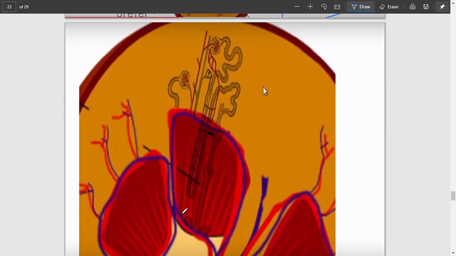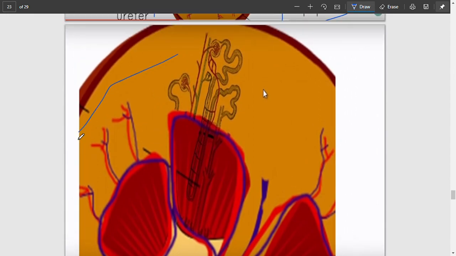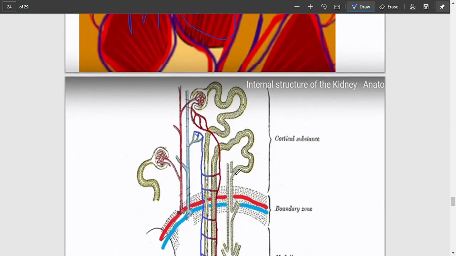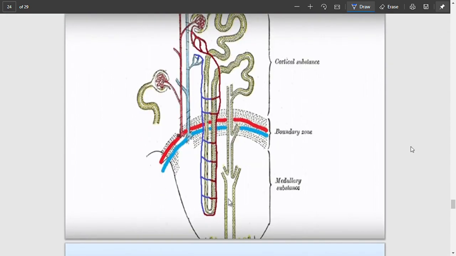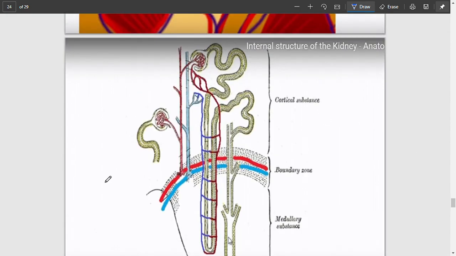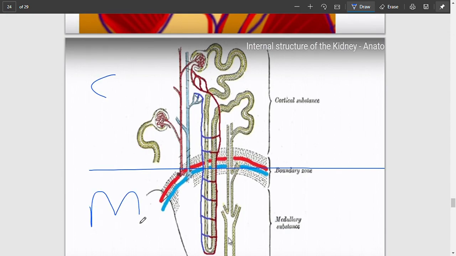So here is the cortex, C for cortex, M for medulla, and a nephron is lying between the two of them. Half of it is in the cortex and half of it is in the medulla.